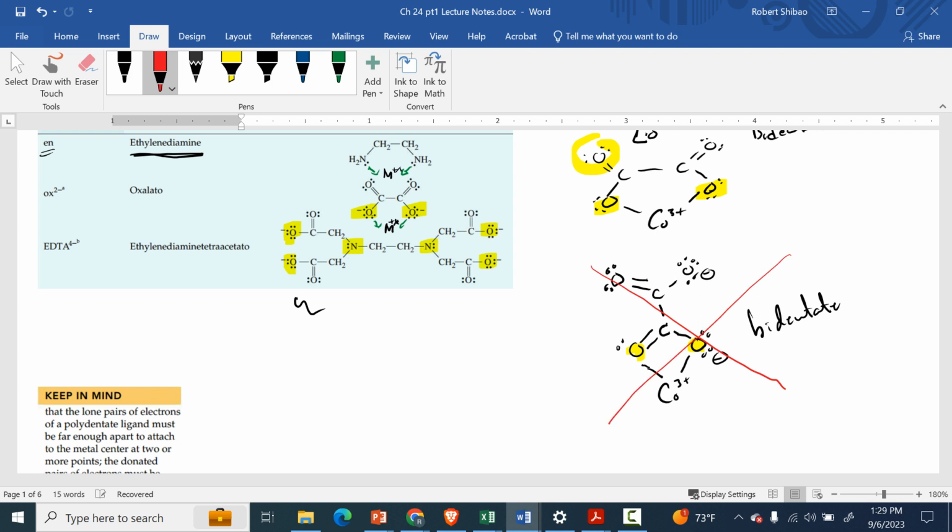And the reason the second way is no good is because of this. Let's take a look at the oxygen on the right here. Can you tell me what the hybridization on this oxygen is on the right?